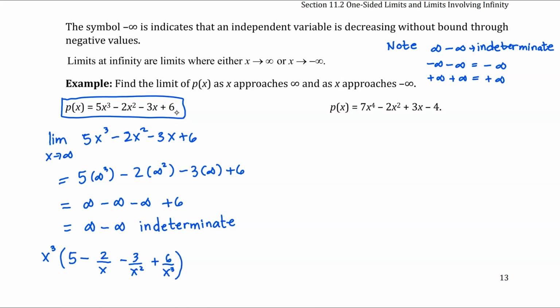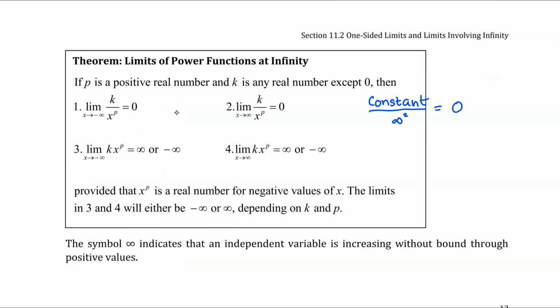Then you take the limit of the expression here as x approaches infinity. If you recall, when you evaluate an expression of a constant over x to some power as x approaches negative infinity or positive infinity, this will always give us 0. Or if you plug in infinity and you get constant over infinity, you get 0.